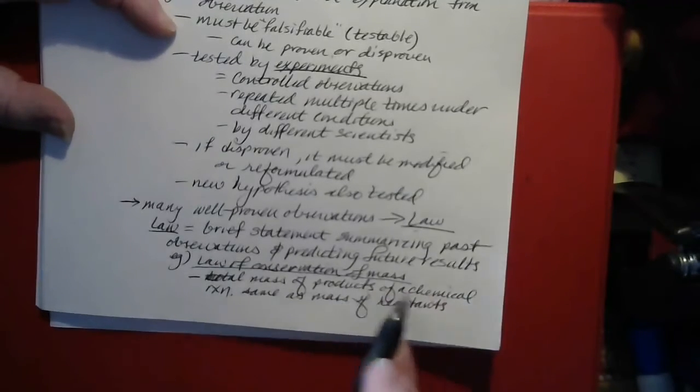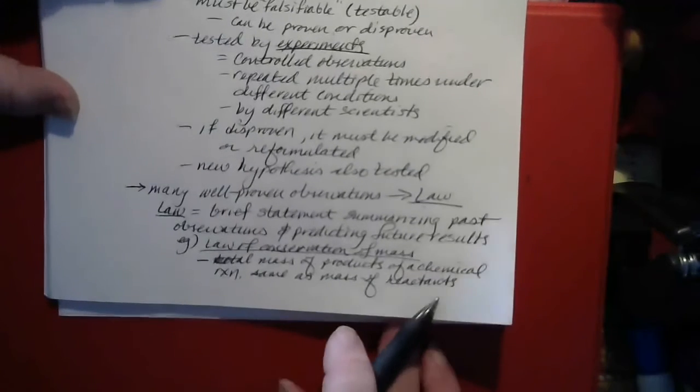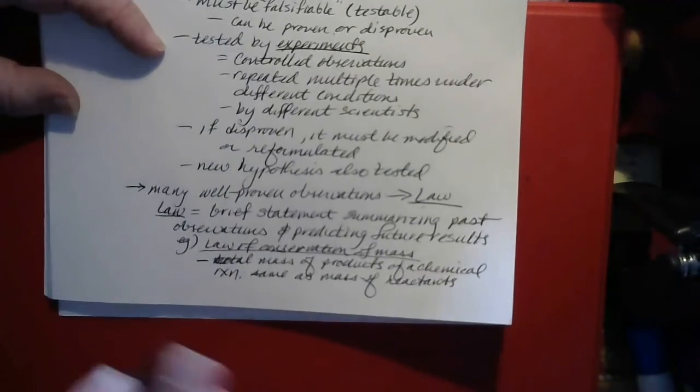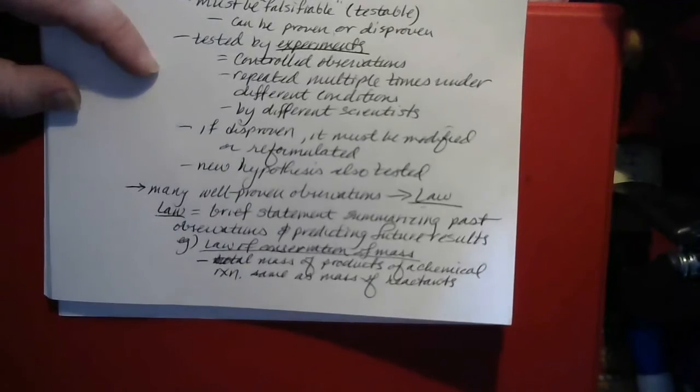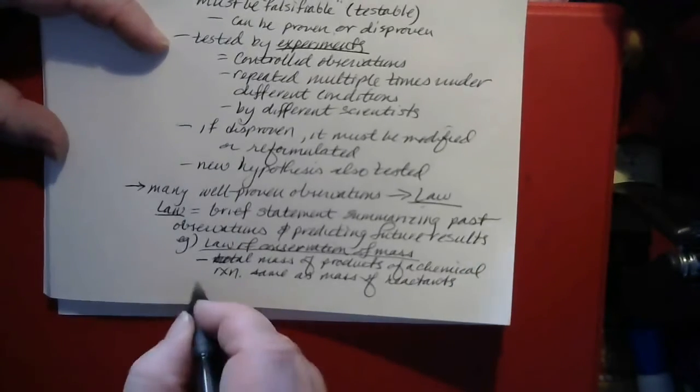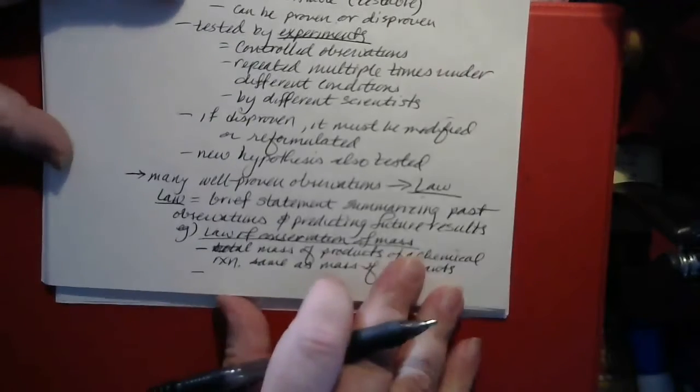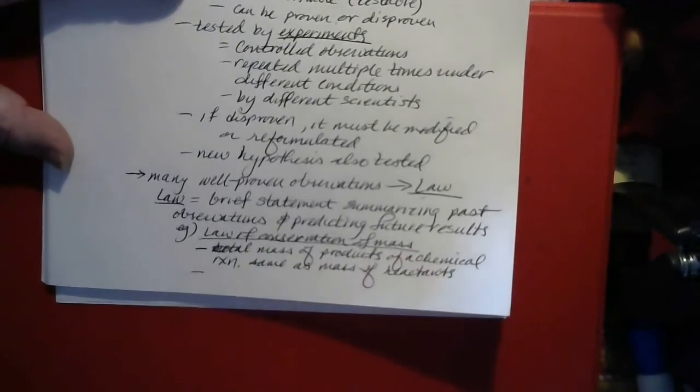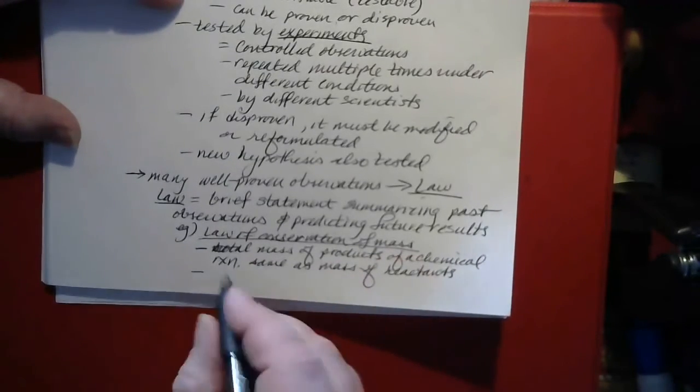It says the total mass of the products of a chemical reaction are the same as the mass of the reactants. So the total mass of everything involved does not change during a chemical reaction. That's nice to know, but stated like that, it's of limited utility. What that implies is that matter is neither created nor destroyed during a chemical reaction.